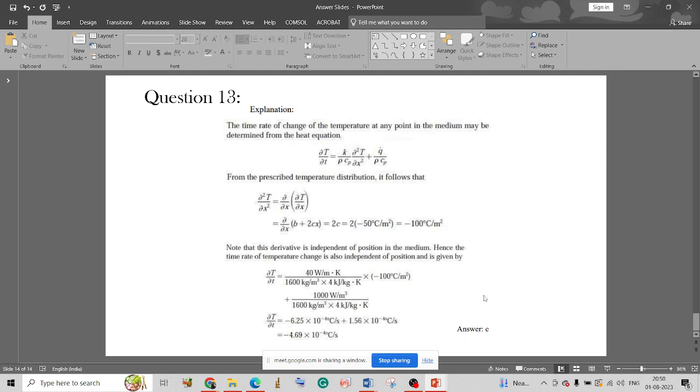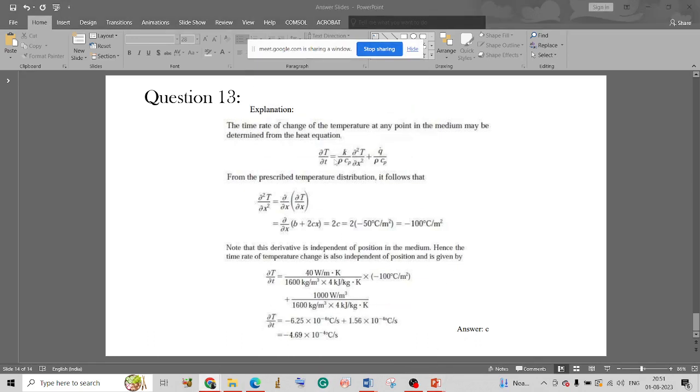First of all, we need to find del T del t, that is the temporal change of the temperature. So first we need to find del square T del x square. If we double differentiate it, as you have already found out, it will be minus 100 degrees Celsius per meter square. And we will put every value here, as it is independent of position.